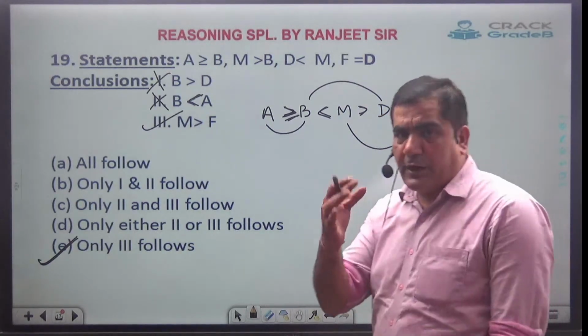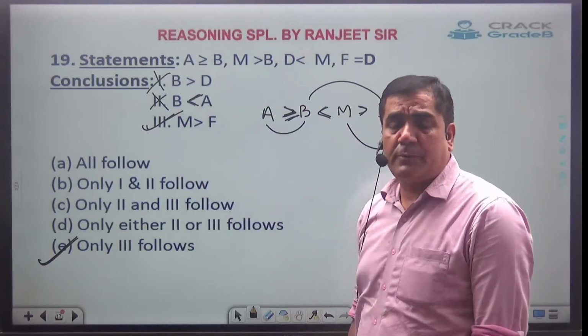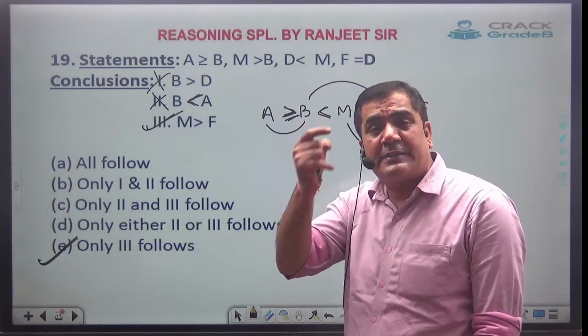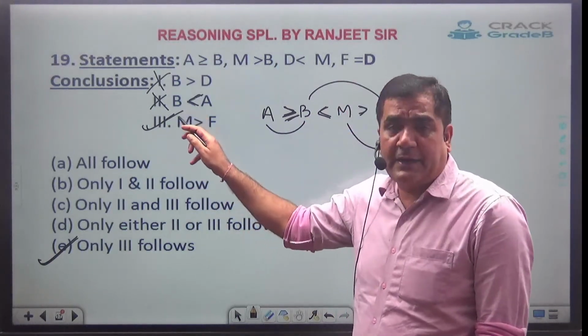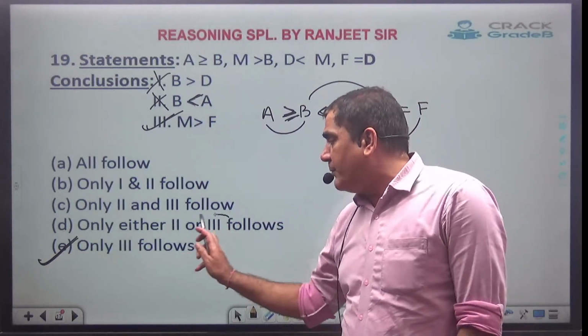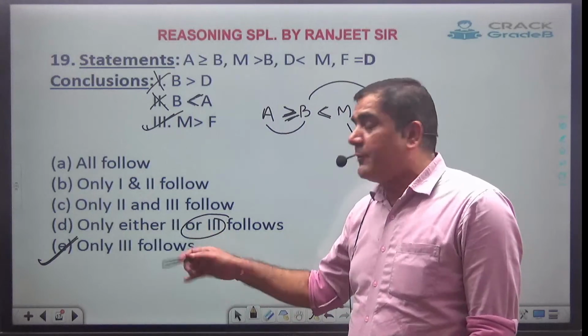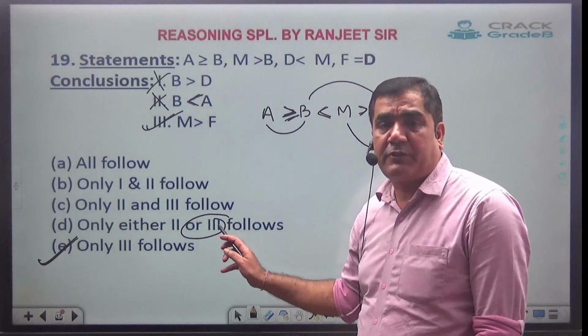See, here try to get one concept. If I am marking this to be correct, means what? This is 100% correct. If I am marking the third conclusion to be correct, correct means 100% correct. And anything that is correct cannot form either-or. Either-or means what? Whenever they give either-or, this will have 50% chance, this will have 50% chance.